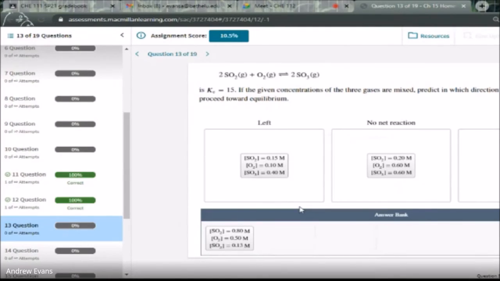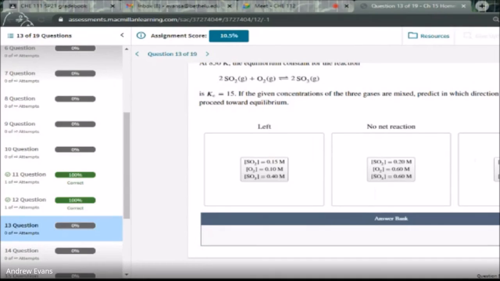Next, 0.13 squared divided by 0.5 squared times 0.8. This one is 0.05. So Q is much smaller than K, so it needs to shift to the right to increase the amount of products.